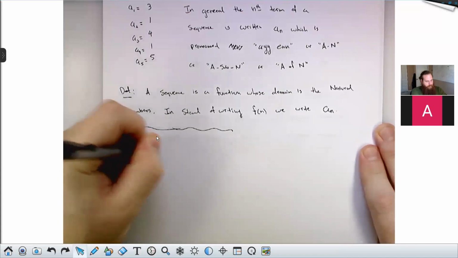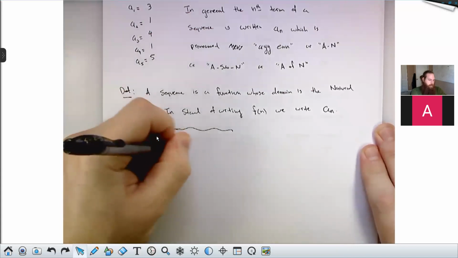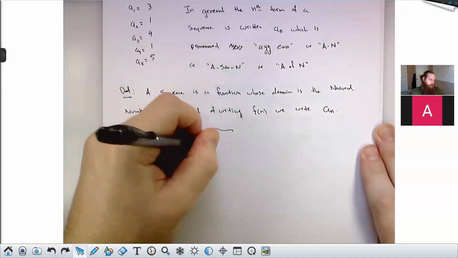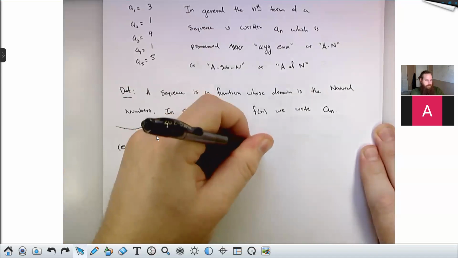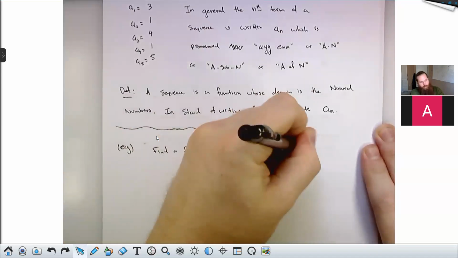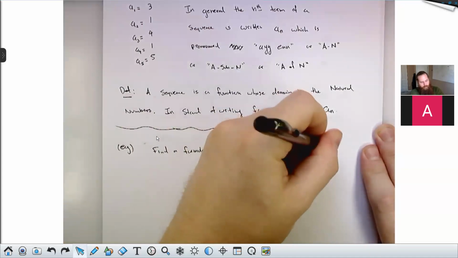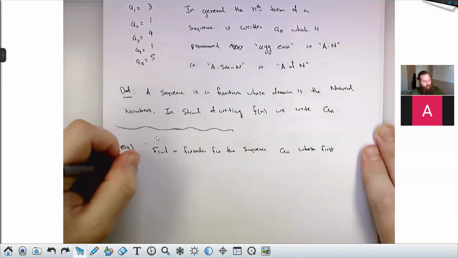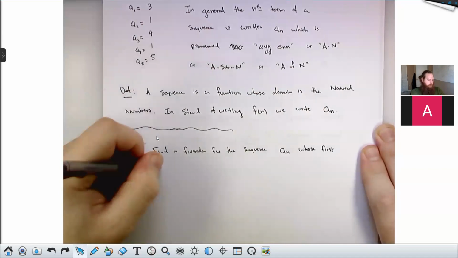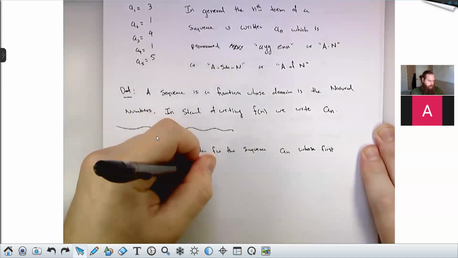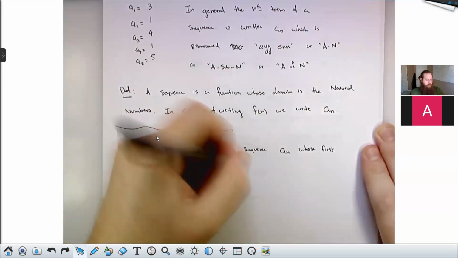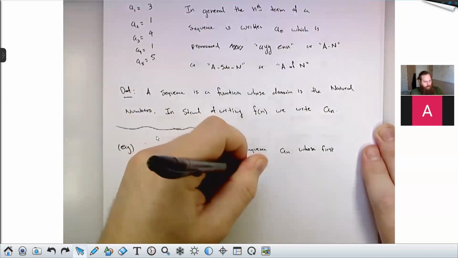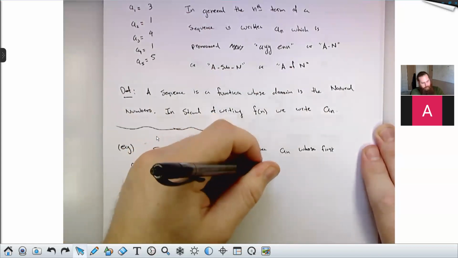So I could ask you to find a formula for the sequence an whose first few terms are maybe 1, 1/2, 1/3, 1/4, 1/5, and so on.